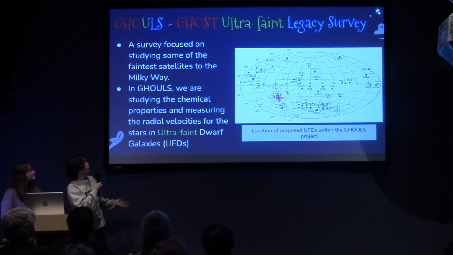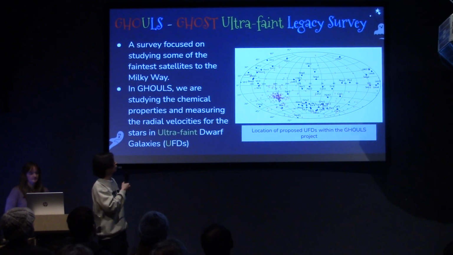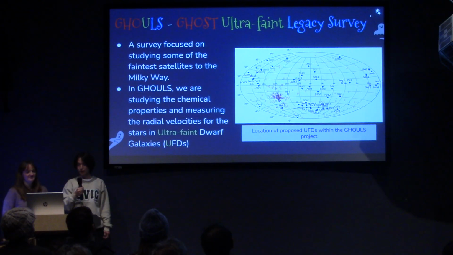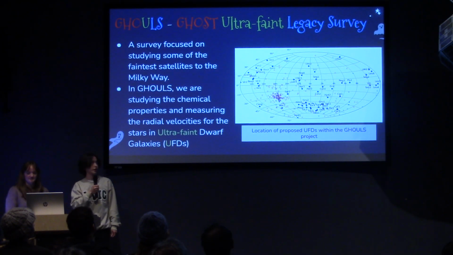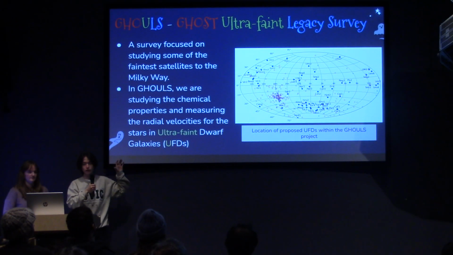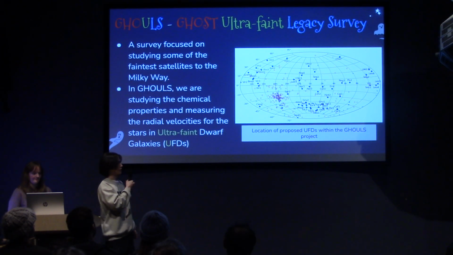This survey is aimed at studying some of the faintest satellites of the Milky Way. Through this, we are studying the chemical properties of these UFDs, as well as the radial velocity values for the stars within them.